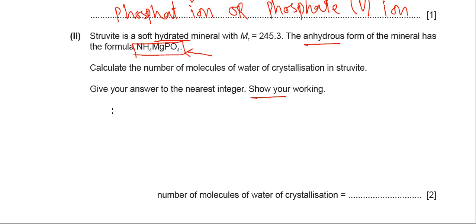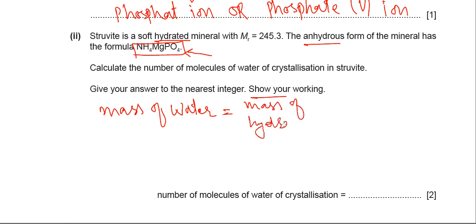Now what we have to do? We just have to find the mass of water. How do we figure it out? By subtracting the mass of the anhydrous sample from the mass of the hydrated sample.